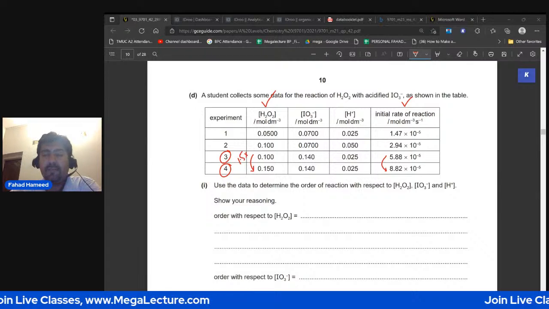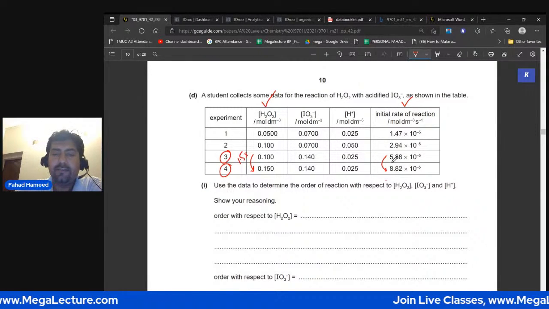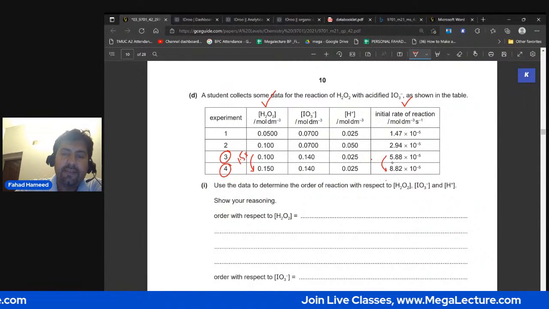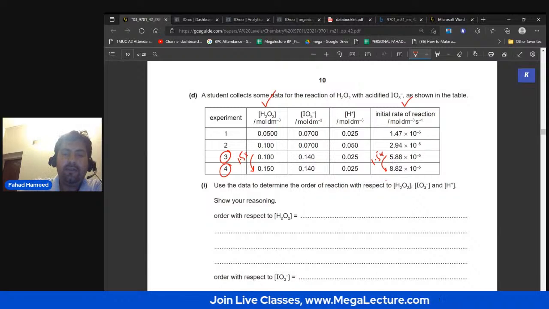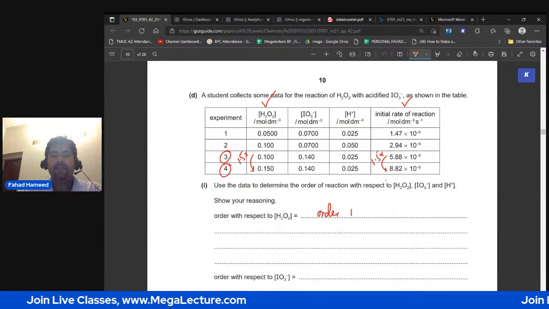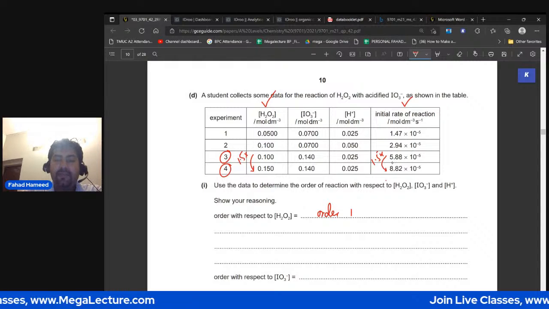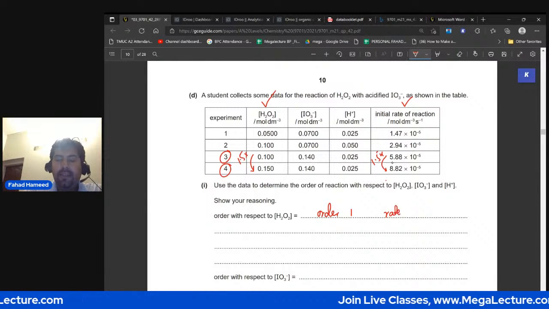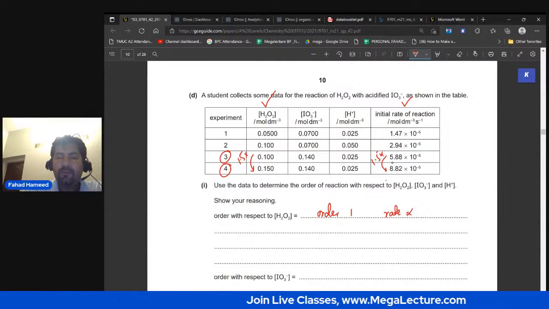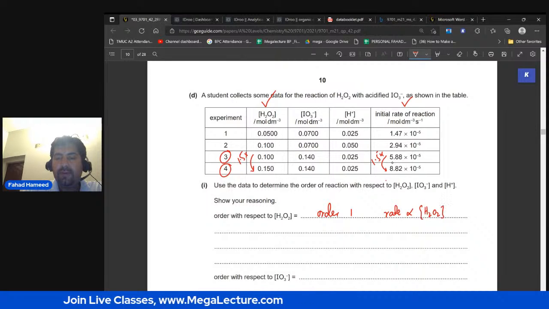That's also 1.5 times. So this is clearly order 1. Order 1 means it's directly proportional. That means the rate is directly proportional to the concentration of H2O2, and the power is 1.